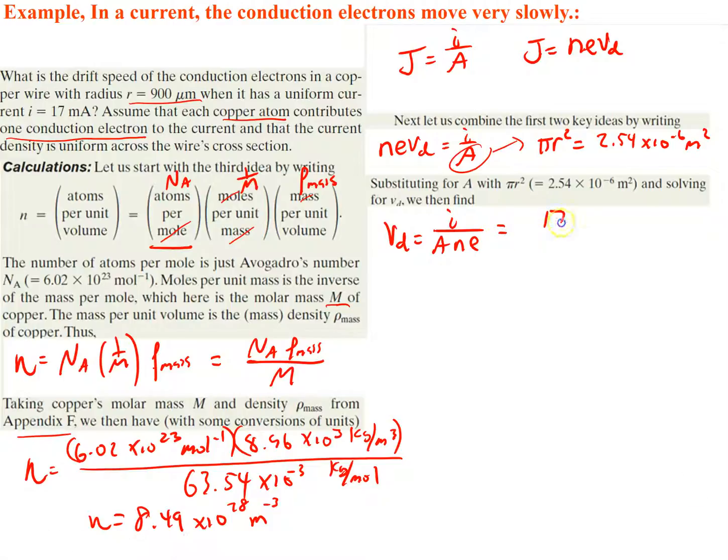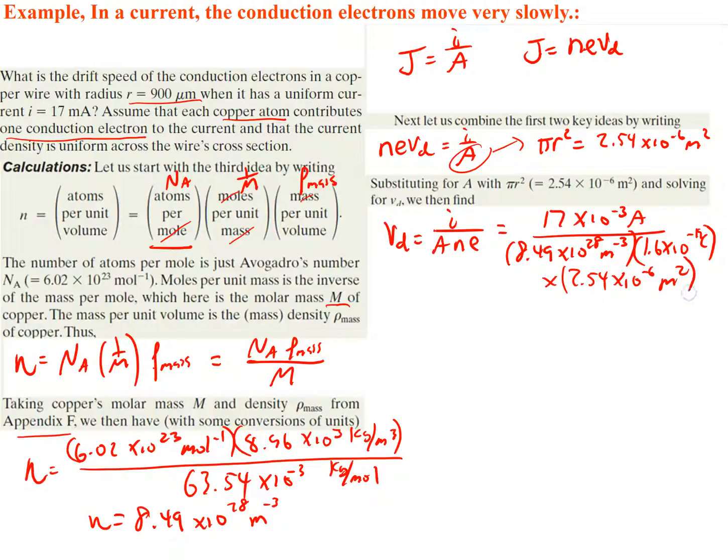Plug everything in, so we have 17 times 10 to the negative 3 amps divided by 8.49 times 10 to the 28, 1 over meter cubed, times 1.6 times 10 to the negative 19 coulombs, which is, again, the charge of an electron or a proton, and 2.54 times 10 to the negative 6 meters squared.